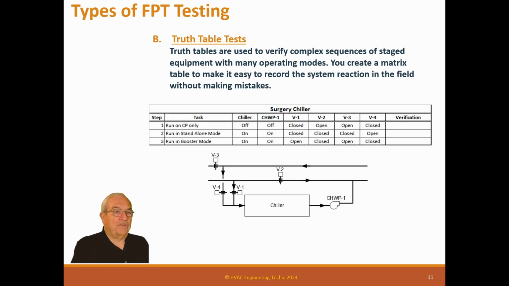Here's an example. This is a surgery chiller. In other words, this chiller doesn't run all the time. It only runs in the winter mode. A lot of large hospitals economize their chilled water temperature during the winter so they don't have to have water as cold, because the air handler doesn't need the load when it's not hot outside.